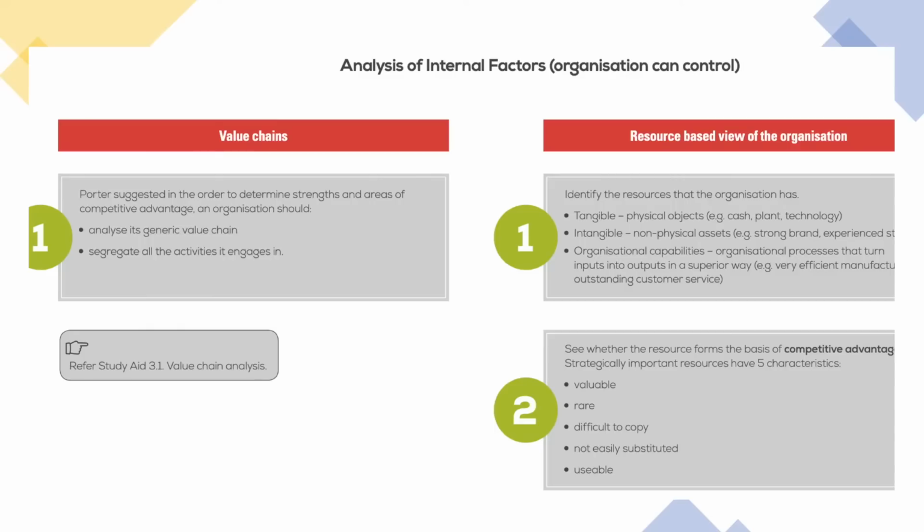Porter suggests that in order to determine strengths and areas of competitive advantage, an organization should analyze its generic value chain, segregate all the activities it engages in.